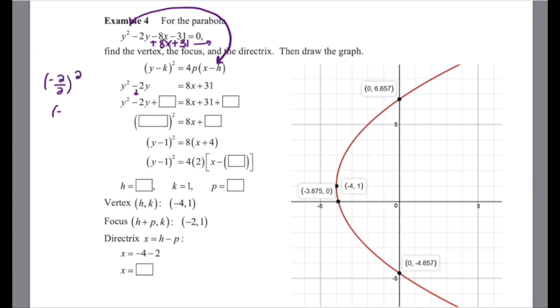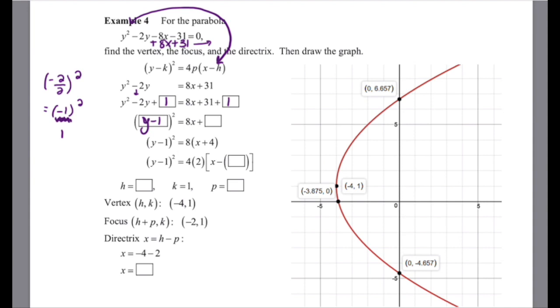This gives me -1 squared. This is the part we're going to use when we're factoring, and -1 squared is 1, so we add 1 to both sides. This gives me y minus 1 in its factored form, again using this piece here.